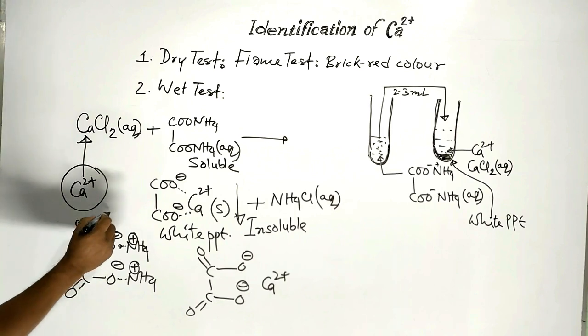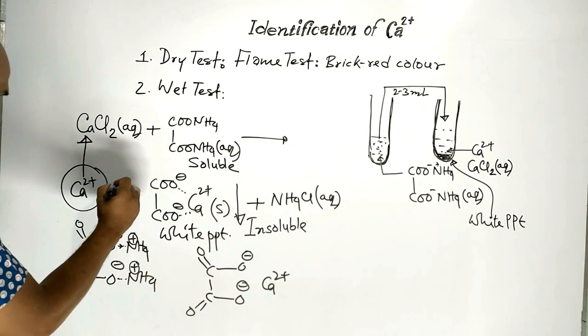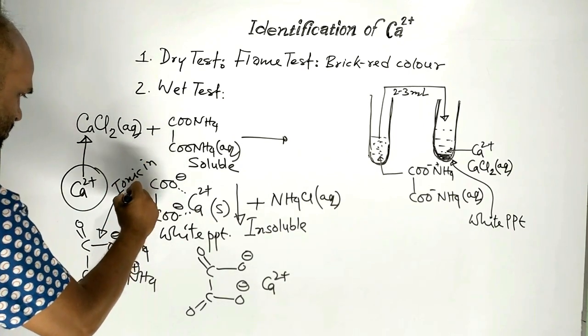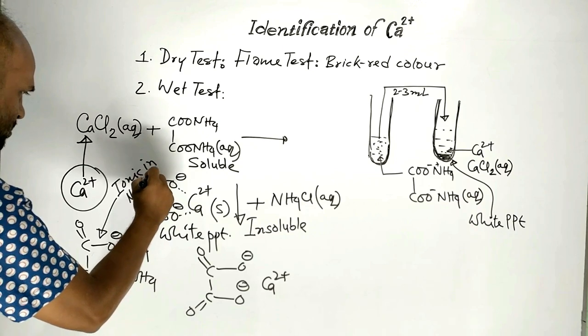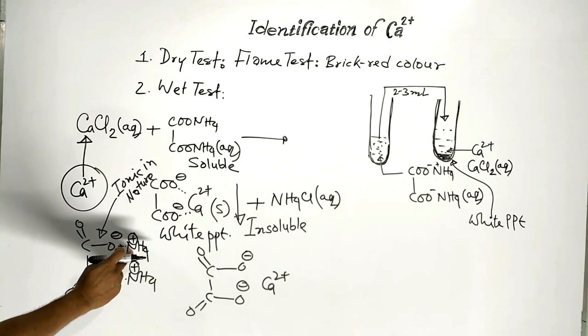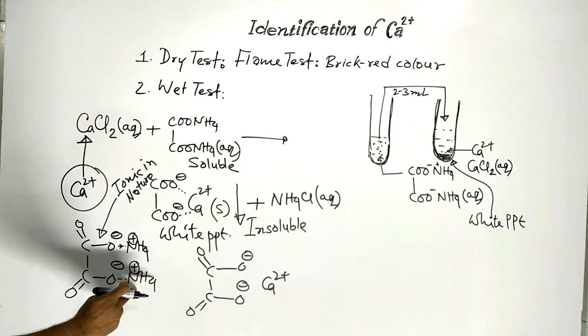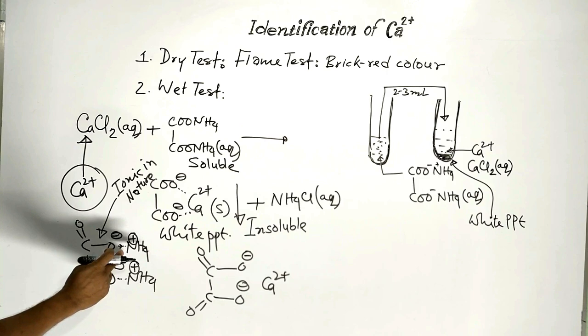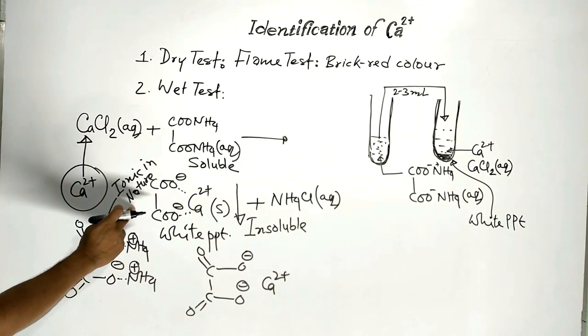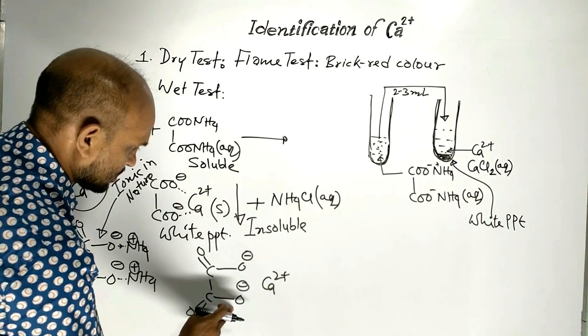So, ammonium oxalate remains ionic in nature. Ammonium oxalate is ionic in nature because of the single charge of ammonium ion. Here, less lattice energy and almost no polarization occurs. For this reason, ammonium oxalate is mostly ionic in nature.